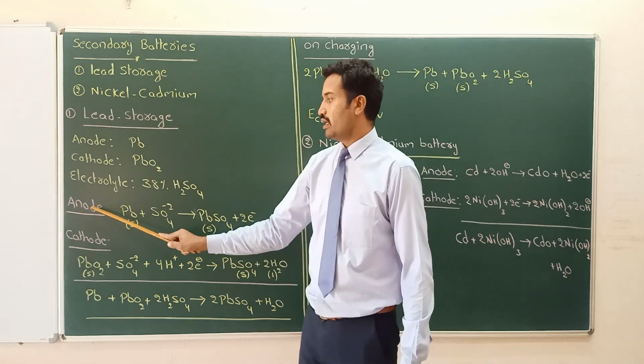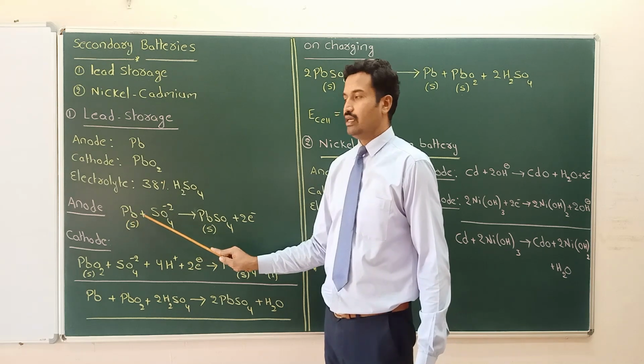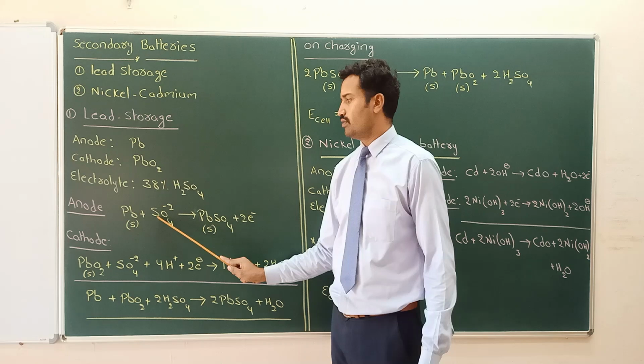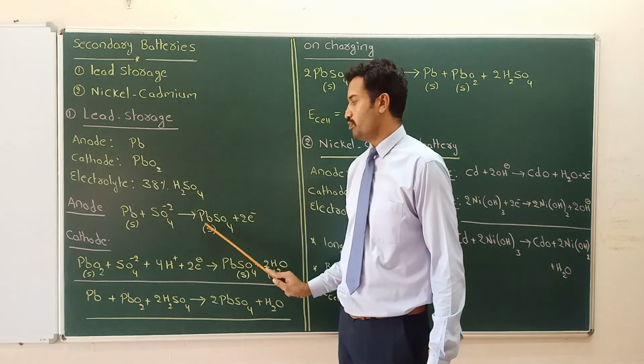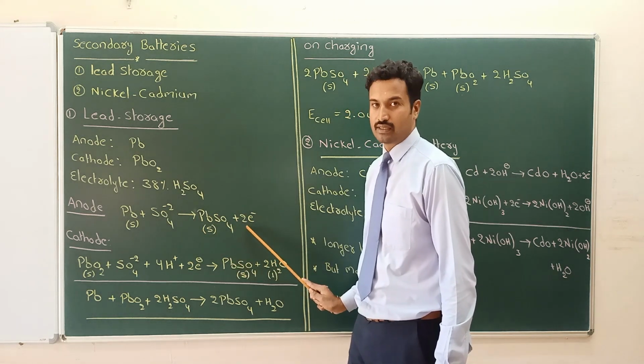Now the anode reaction is Pb plus SO4 2- from the sulfuric acid electrolyte solution gives PbSO4 plus 2 electrons, releasing electrons. So it is called oxidation.